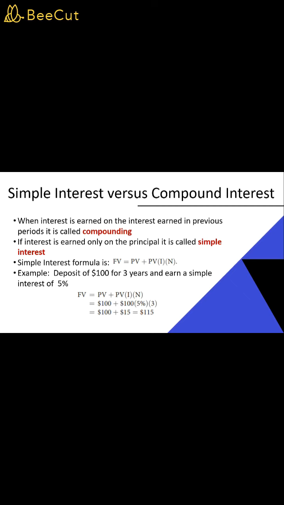So for example, the $100 after 1 year became 105, and 5 was the interest income. Then in the next year, you are also going to earn interest on the $5, not only the initial $100, but also the $5. And so you are earning interest on interest.